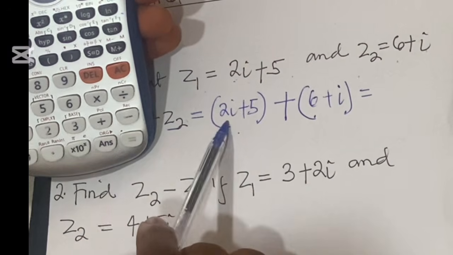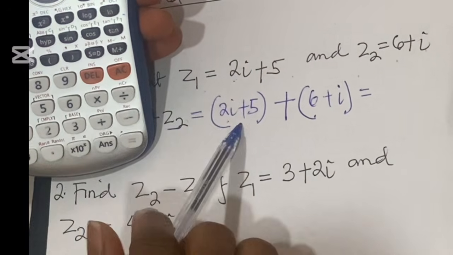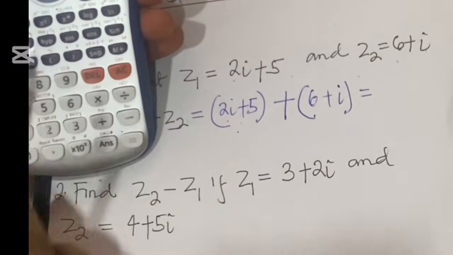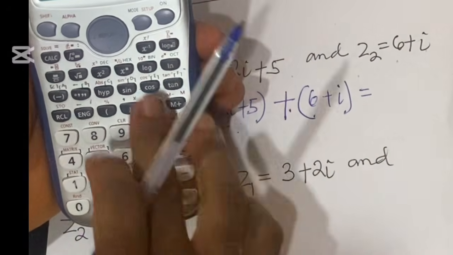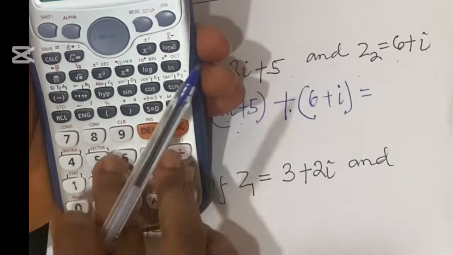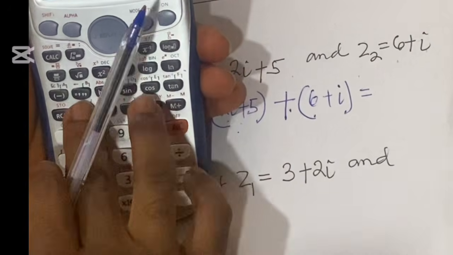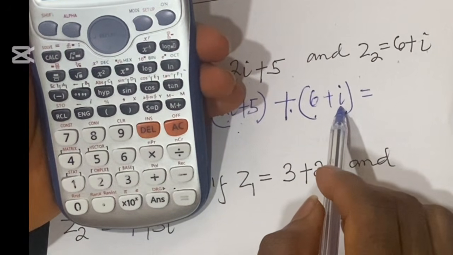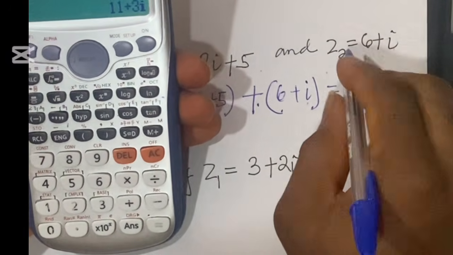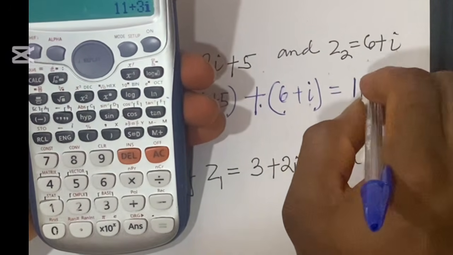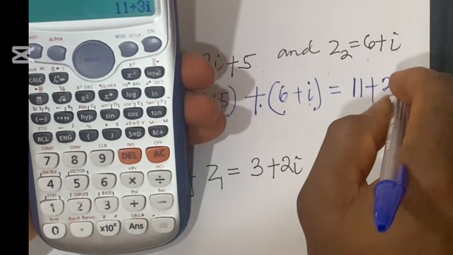So 2i, that is this one, plus 5, you close your bracket, plus, open your bracket, 6 plus ENG to get this symbol. Close your bracket, you press equal to. So our answer here is 11 plus 3i.